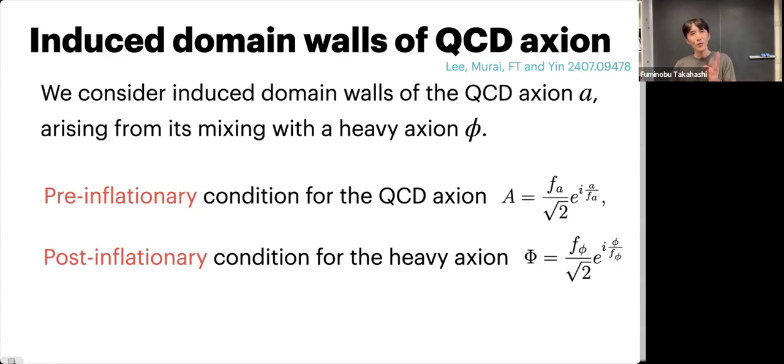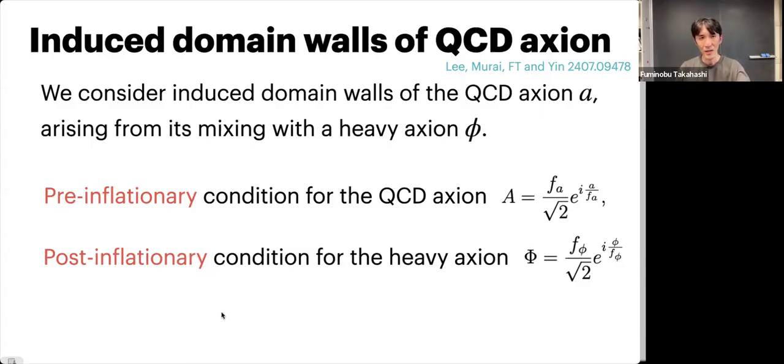Let me give two cosmological applications. Okay, one is induced domain wall decay. As I said, when we consider a heavy axion domain wall, and if it is coupled to gluons, a domain-wall-like structure is induced for the QCD axion, even if you start with the pre-inflationary condition for the QCD axion.